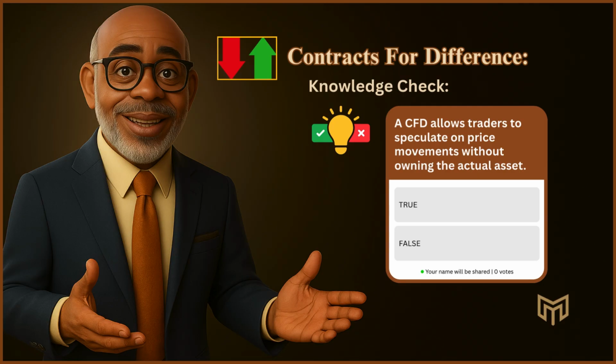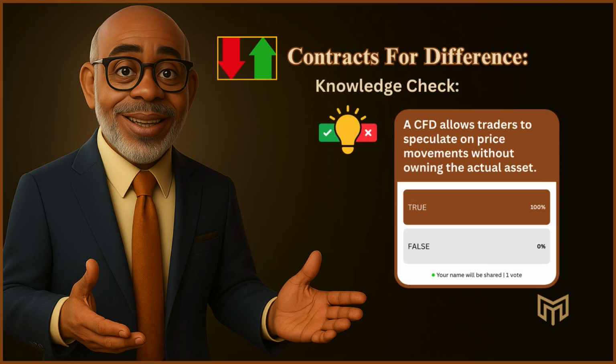Lock in your answer. The correct answer is true. CFDs let traders speculate on price movements without owning the asset. Instead, they profit or lose based on the difference between their buying and selling price.